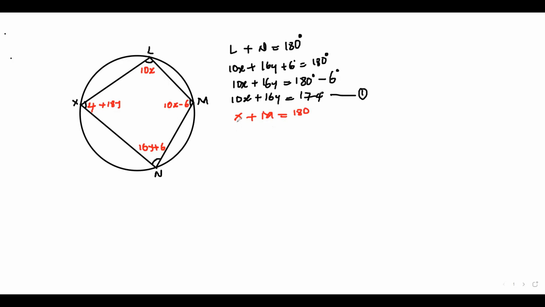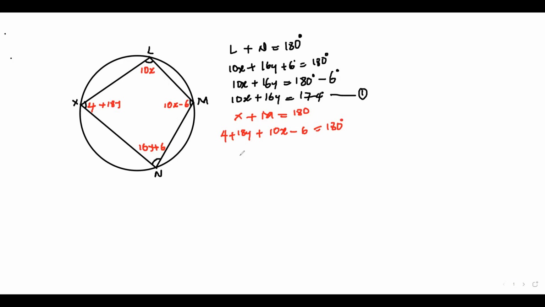So the angle at X is 4 plus 18y, plus the angle at M is 10x minus 6, equal to 180 degrees. Beautiful.